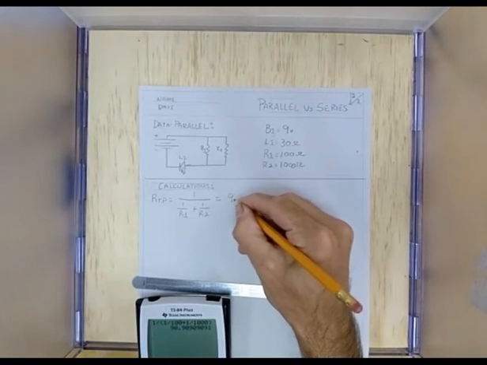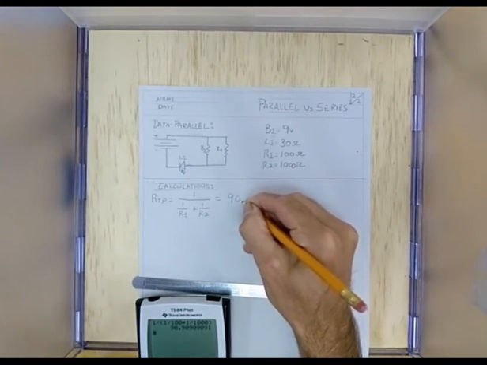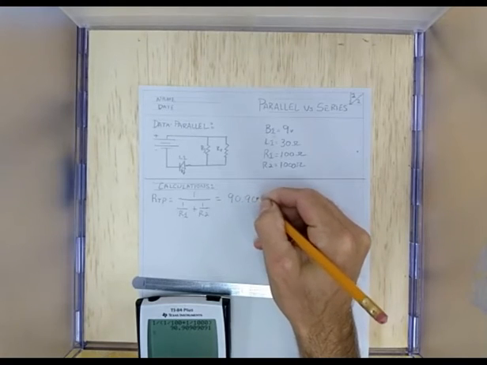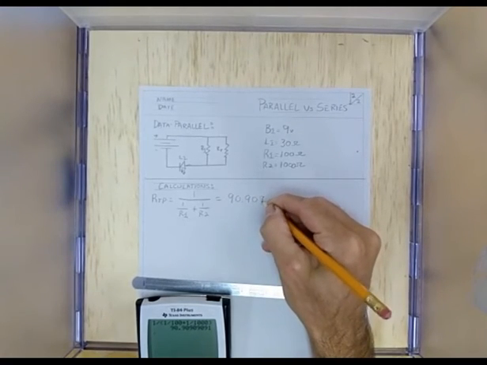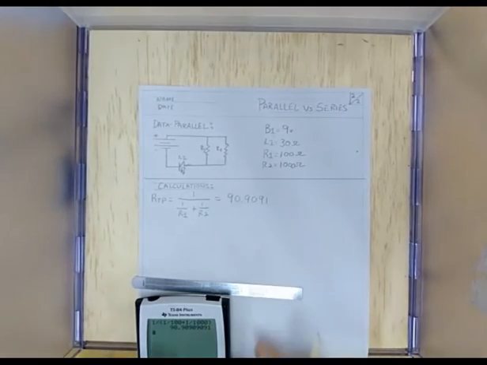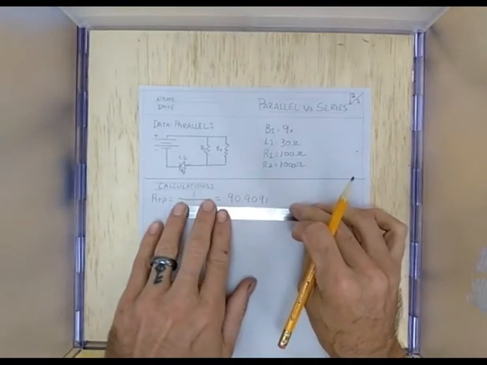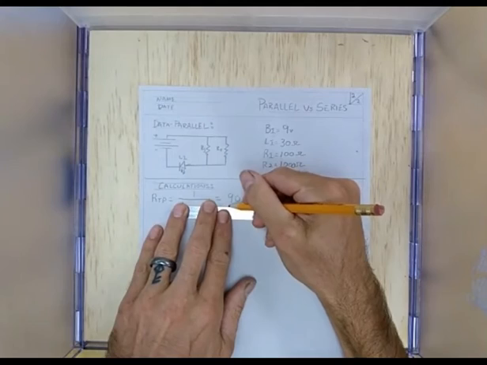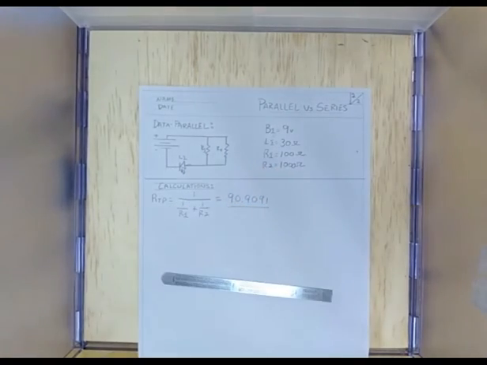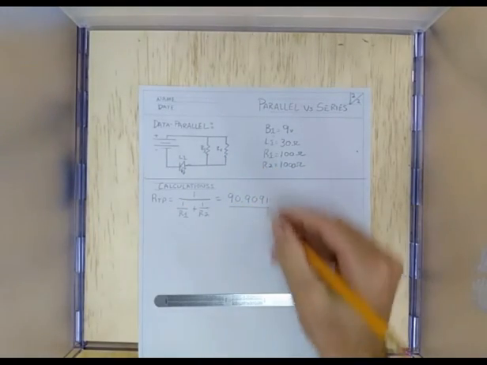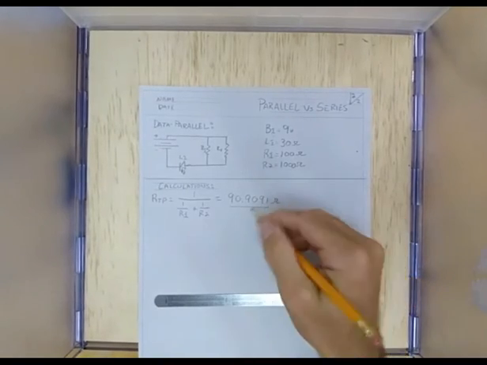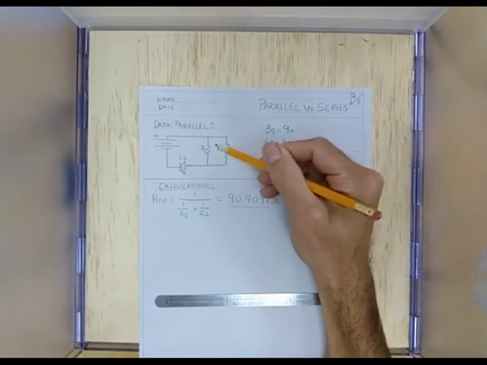So I have 90.90, I'm going to say 91. I'm going to round to 4 digits, single underline. And so this is my total resistance of this.